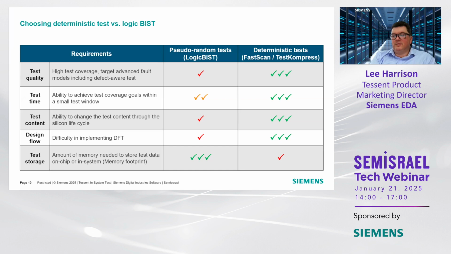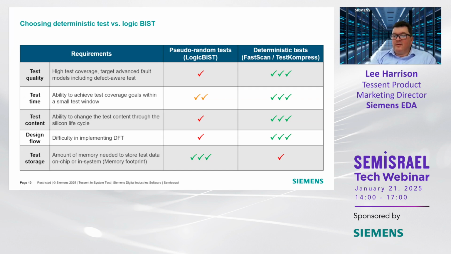Again, test time, because we're using deterministic test patterns, we're able to achieve a smaller window in terms of test time than we would with logic BIST, which uses random test generation.